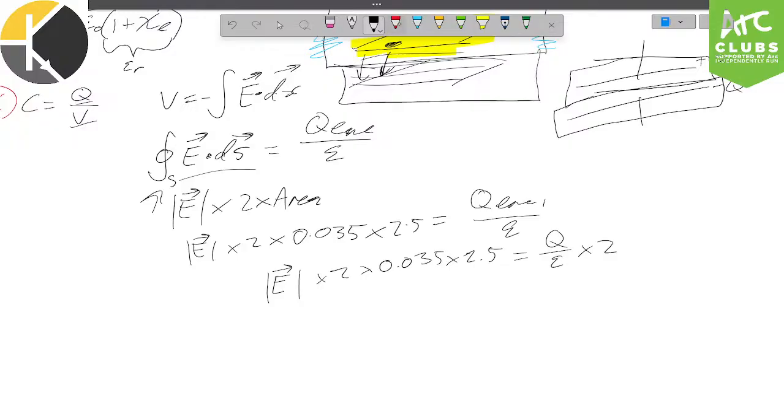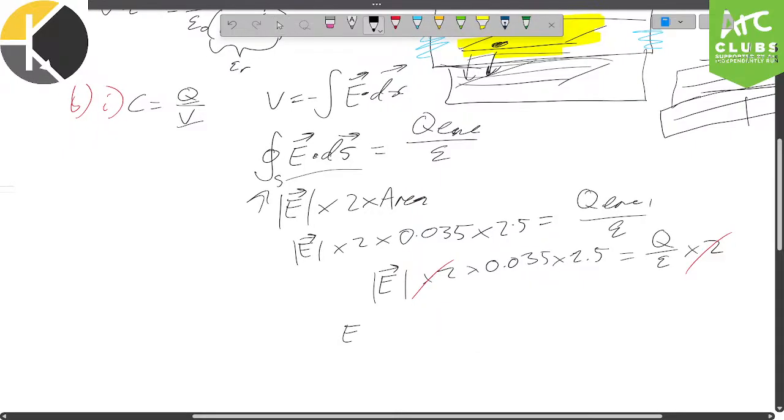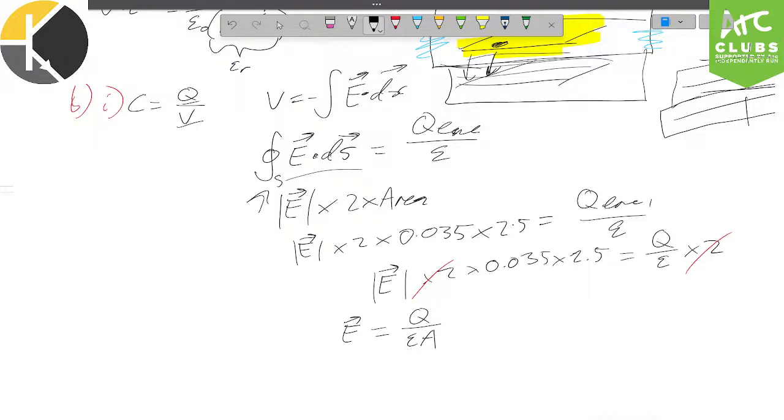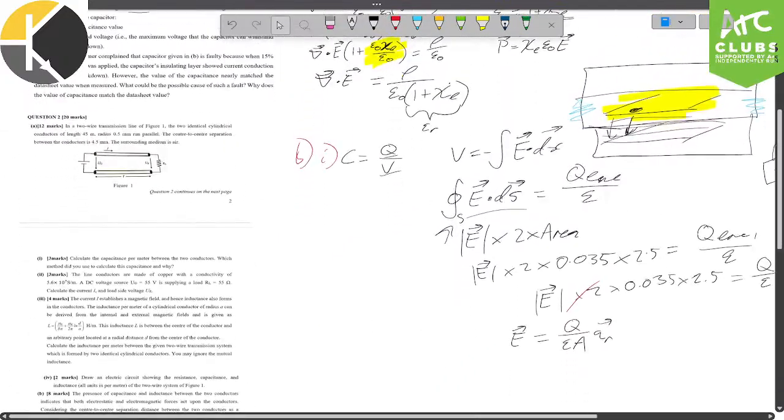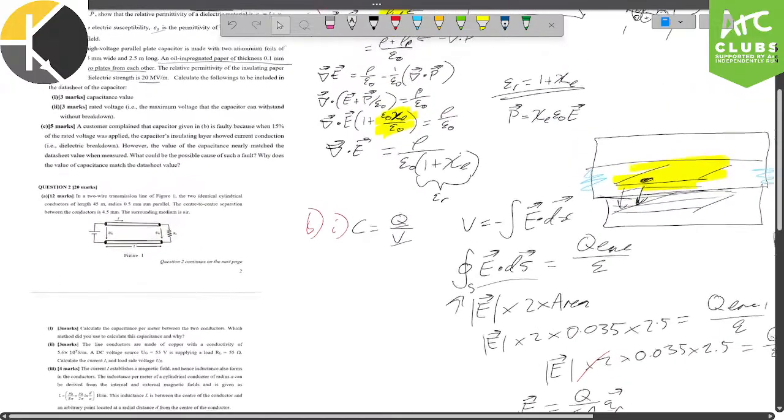We can cross out our multiples of 2, and we're left with E equal to Q on epsilon A, where A is our area, and this is in the direction of the electrical field, top to bottom. So that's the electric field. It is a constant value, as understood.